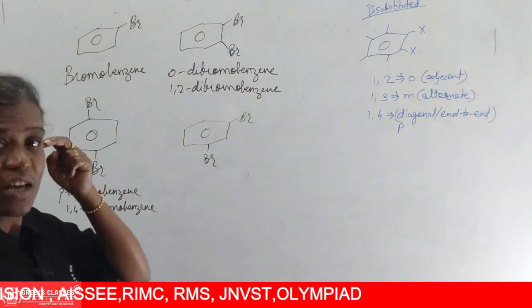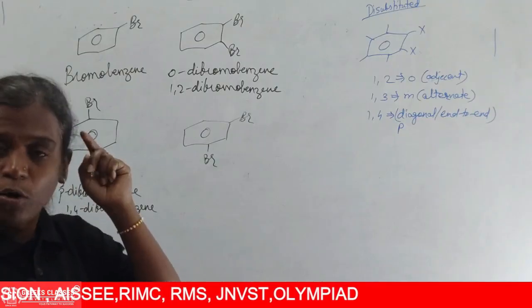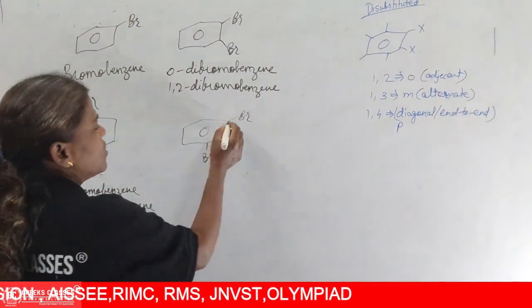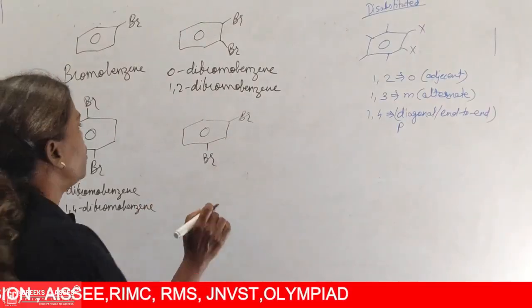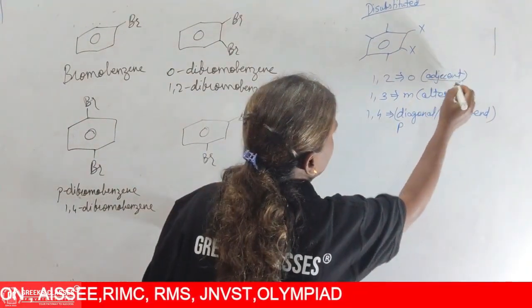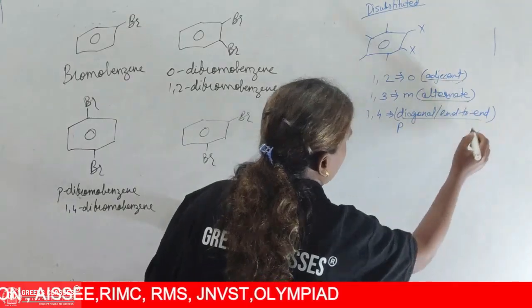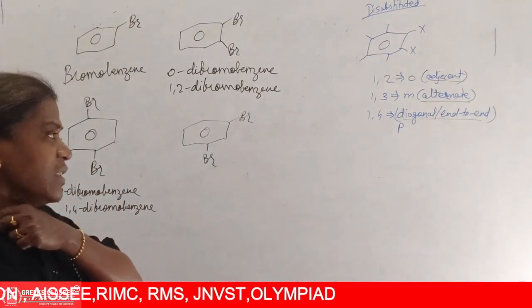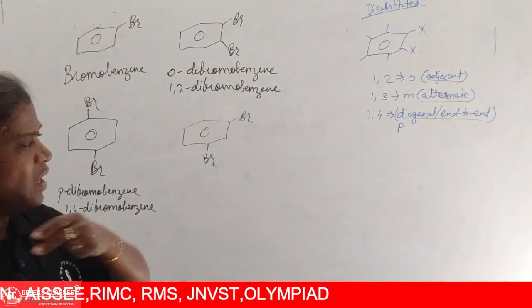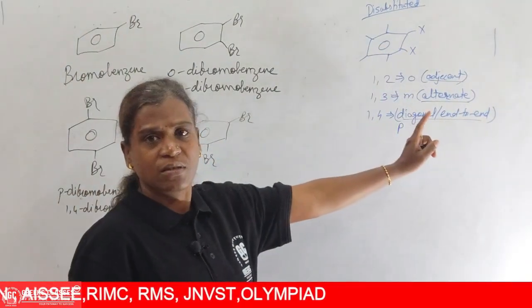Now this one, all positions are identical, correct? It is not that the position I am showing here means these are the only meta positions. That's the reason I have written the hints to identify ortho, para, meta: adjacent, alternate, and diagonal or end to end. Just remember these hints.